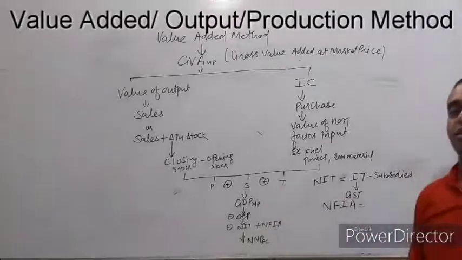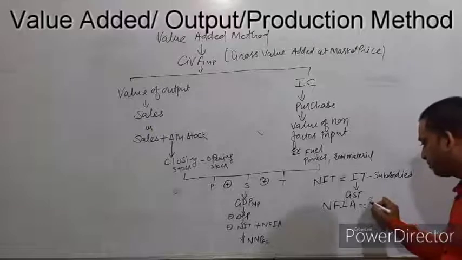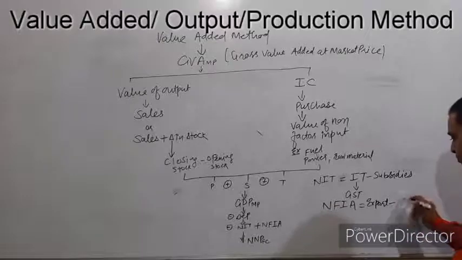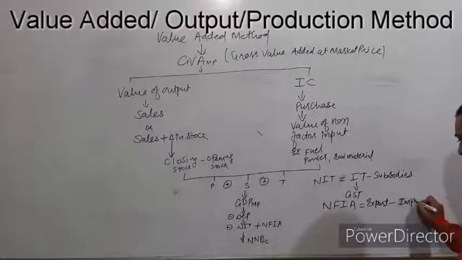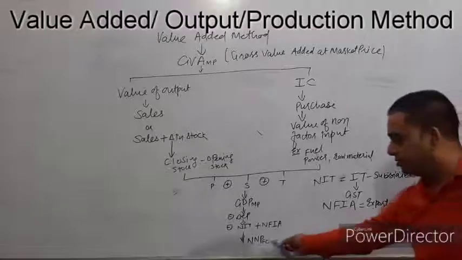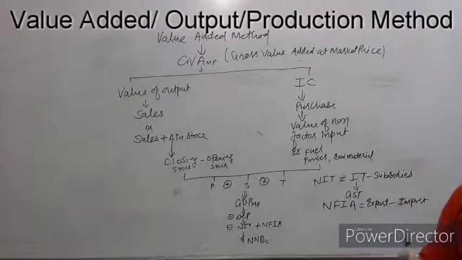NFIA means how much we export our goods and how much we import our goods. The difference of export and import is called NFIA, net factor income from abroad, right? And in the last, what will we get? Net national product at factor cost, that is called national income, NNPFC.